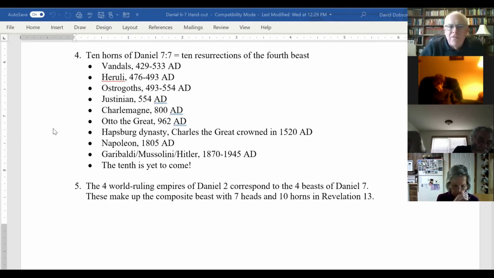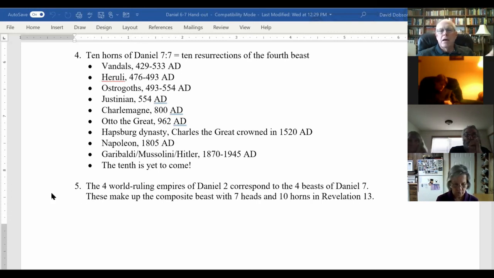Now, point number 5, before I drop this from the screen: the 4 world-ruling empires of Daniel 2, including the stone cut without hands, correspond to these 4 beasts of Daniel 7, and I should have added, with the kingdom given to the Son of Man and the saints.